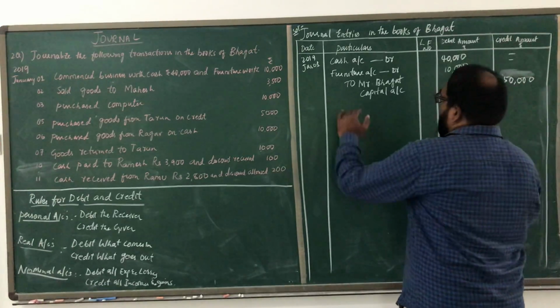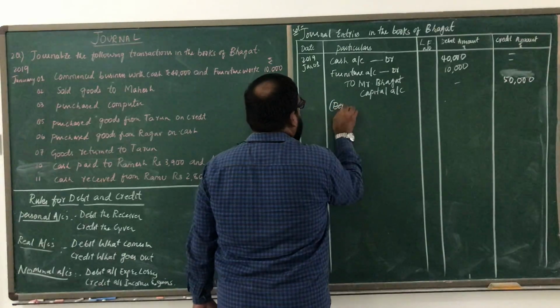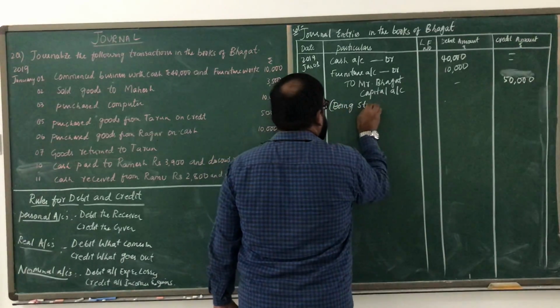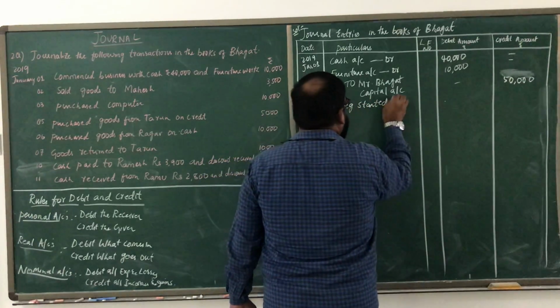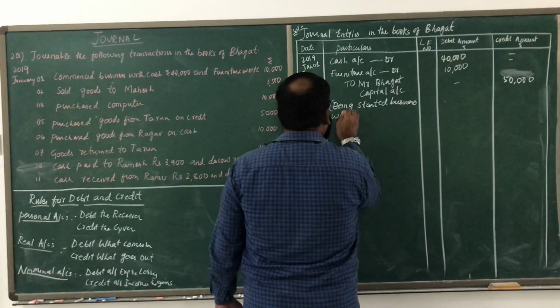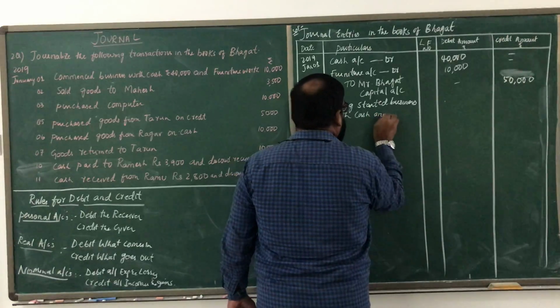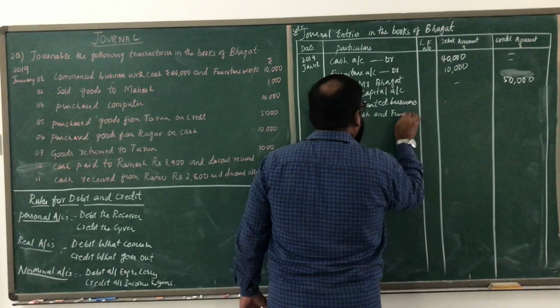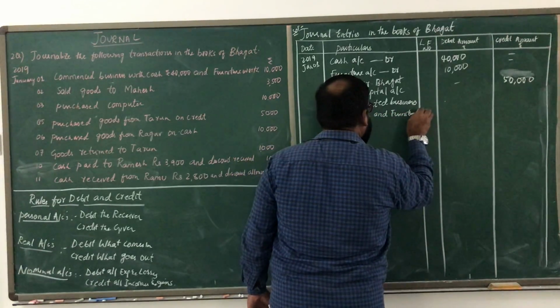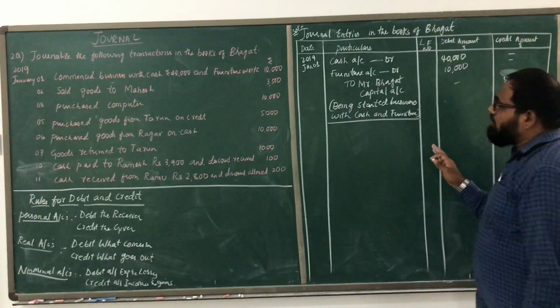Then next we write the explanation, the description of this entry, being started business with cash and furniture. This is our first transaction completed. This is the opening entry of the business.